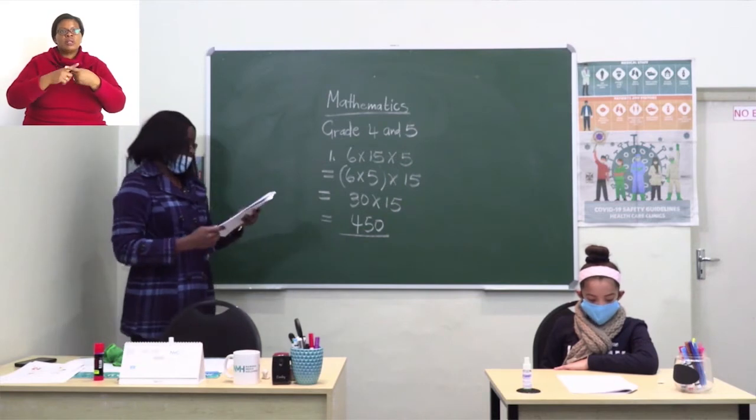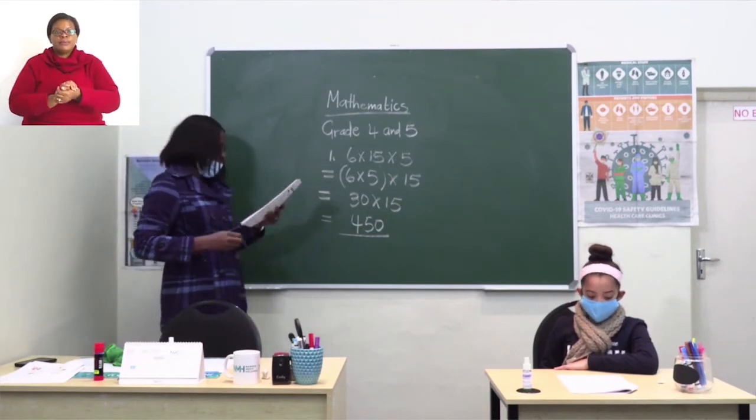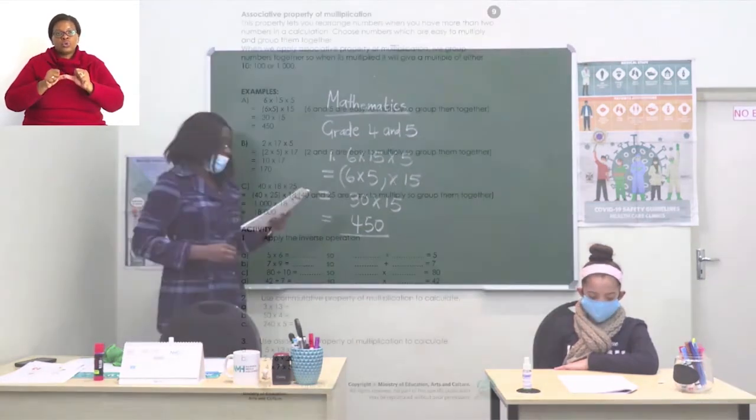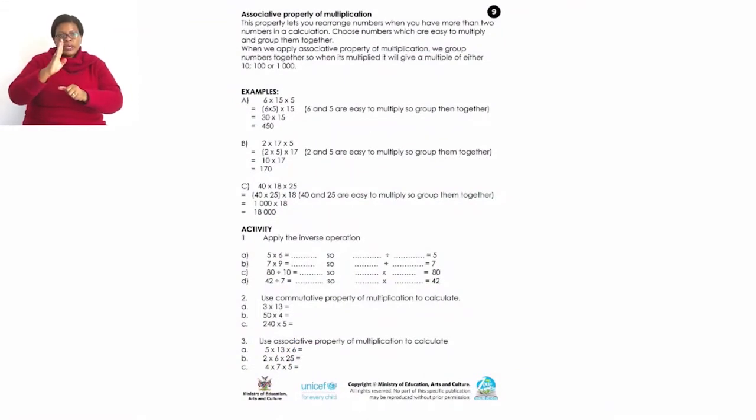Boys and girls, I want you to go through the examples of B, C, and when you are done with that, when you master the method, we can go for the activity. What does the activity say? Number 1, apply inverse operations, whereby in A we have 5 times 6.